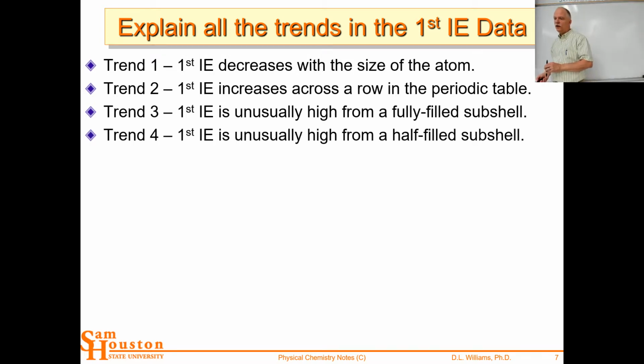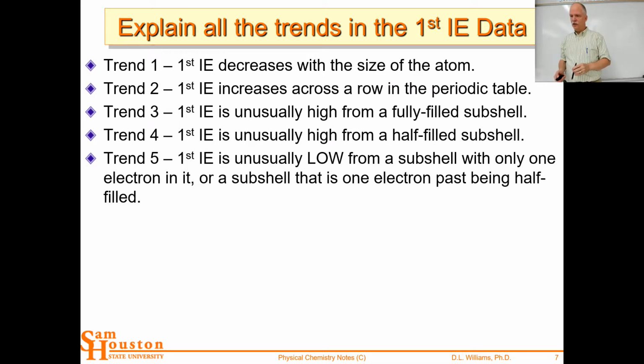Trend 4, the first ionization energy is unusually high from half-filled subshells. Now we didn't notice that one, but that's between nitrogen and oxygen. So we'll look at that one too. We get to a half-filled subshell and it's unusually high to remove that half-filled electron. So nitrogen has an unusually high ionization potential and oxygen has an unusually low one.